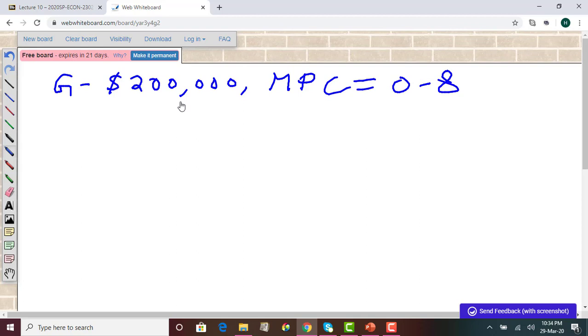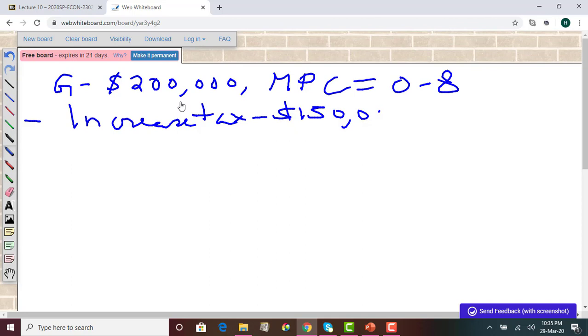But this time the government will finance this increased expenditure through 2 different methods. They will increase taxes by 150,000. So out of this 200,000, they are financing 150,000 through taxes, and the remaining is through borrowing.